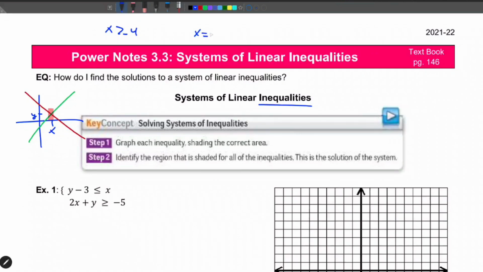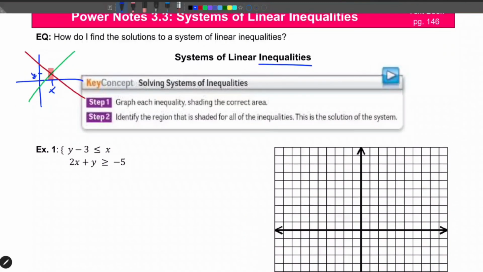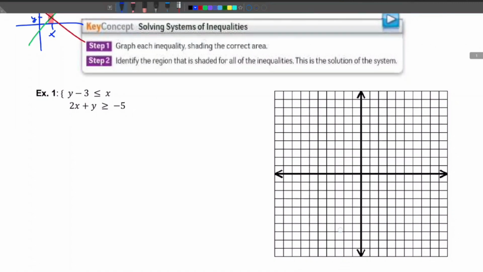So x could be 4, that's true. x could be 5, that also gives us a true statement here. 5 is bigger than 4. And for x is equal to 4, 4 is greater than or equal to 4, so either one of those would satisfy. It's very systematic, the way that we're going to do these, and it's all going to rely on our ability to graph functions.